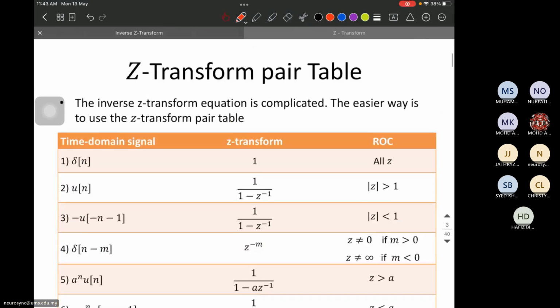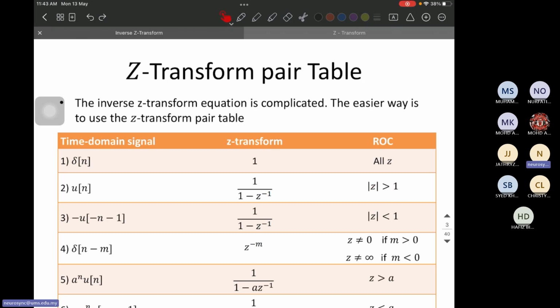First we will see the standard Z transform for standard signals. We know that the Z transformation of delta of n is 1 for all z. The region of convergence is very important. The Z transform of the unit step signal u of n is 1 by 1 minus z inverse, and here mod z is greater than 1.